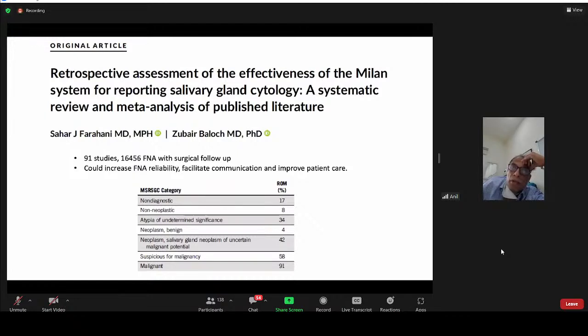In salivary gland, clinically, I would have made a diagnosis that this nodule needs to come out.